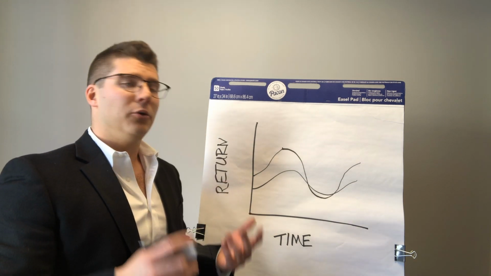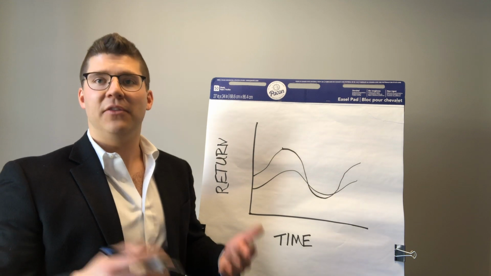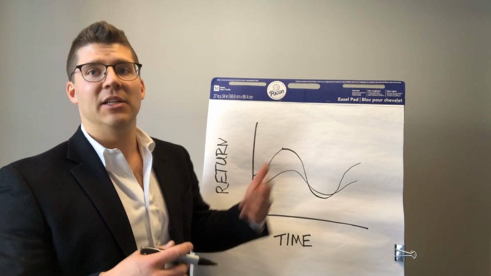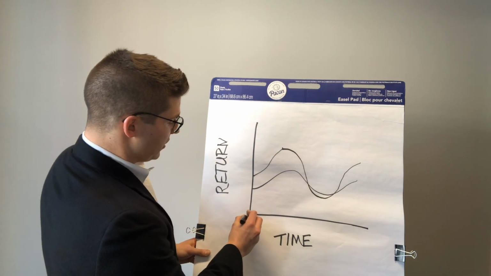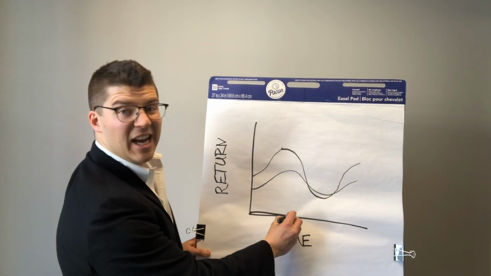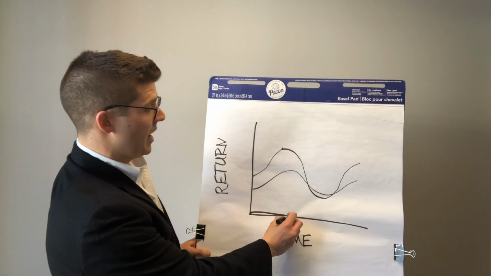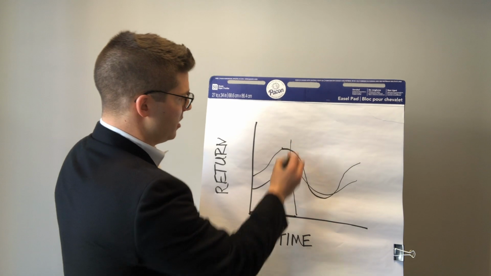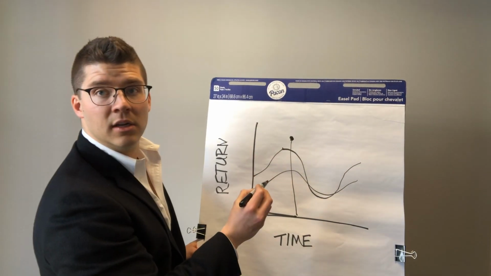The residential example is a fix and flip. You buy a rundown property, you fix it up, and then it's worth more. So we're starting with a zero return, but then let's say you rent it out and your return goes up here.